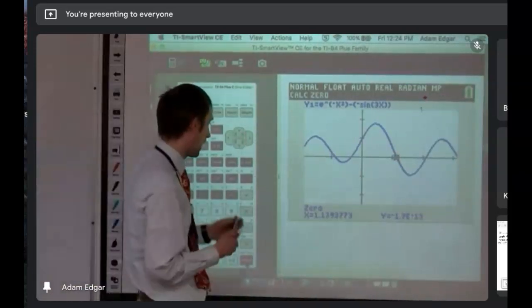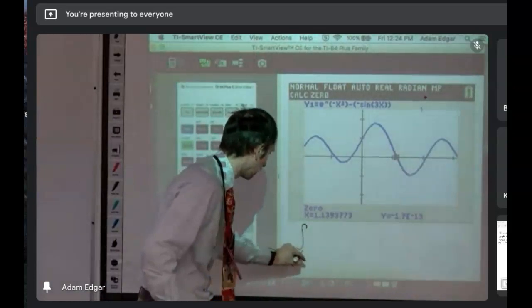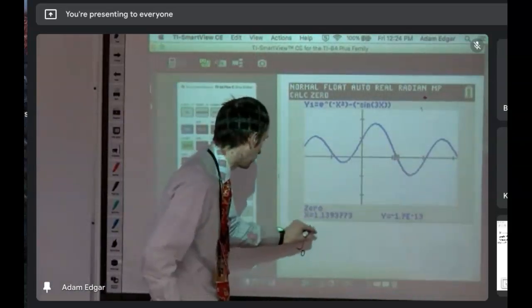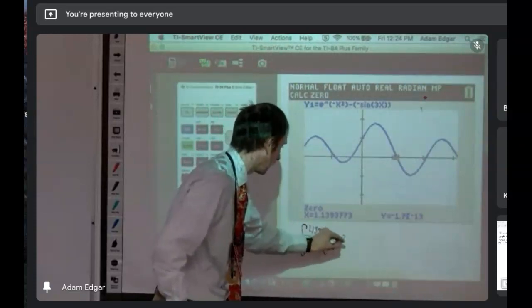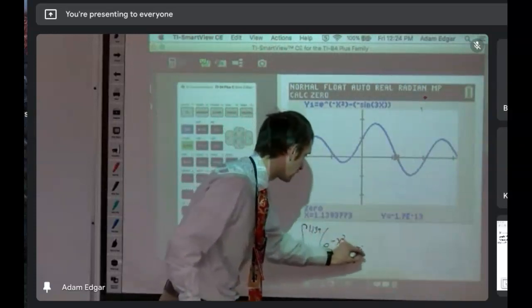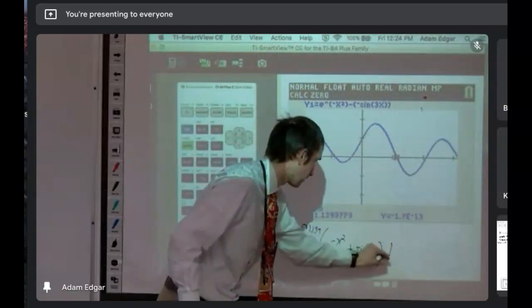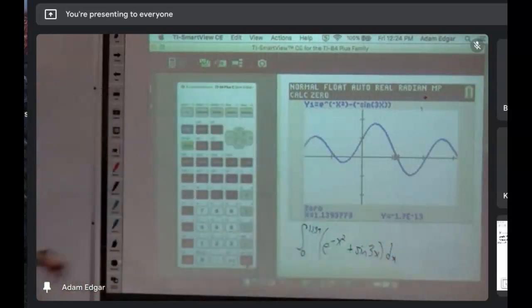So now my integral is from 0 to that thing, 1.139, of e to the negative x squared minus negative sine of 3x dx. So that's what I integrate.